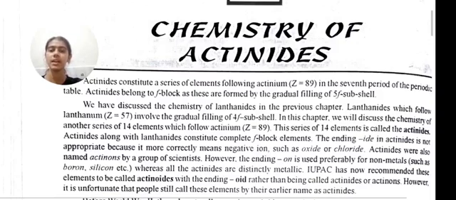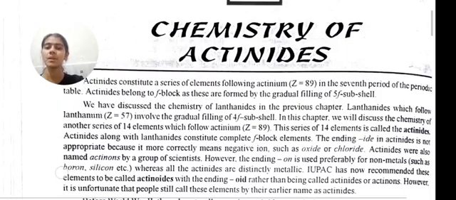The ending "ide" in actinides is not appropriate, because it more correctly denotes a negative ion such as oxide or chloride. Actinides were also named actinons by a group of scientists. However, the ending "on" is used preferably for non-metals such as boron, silicon, etc., whereas all the actinides are distinctly metallic.